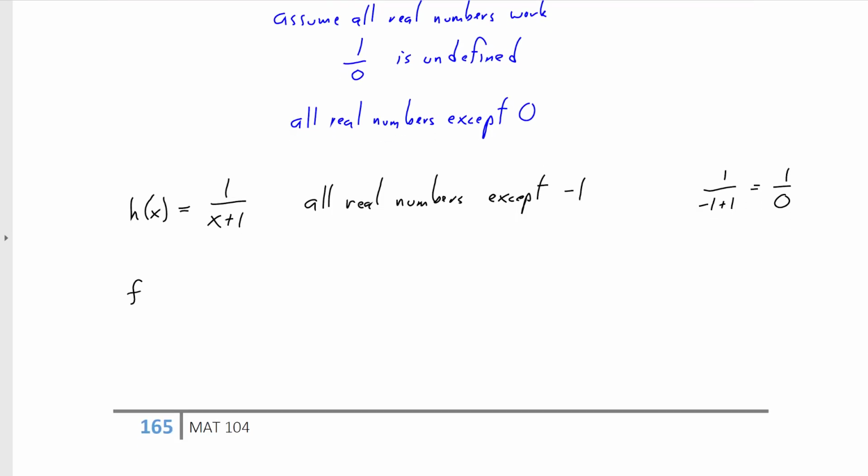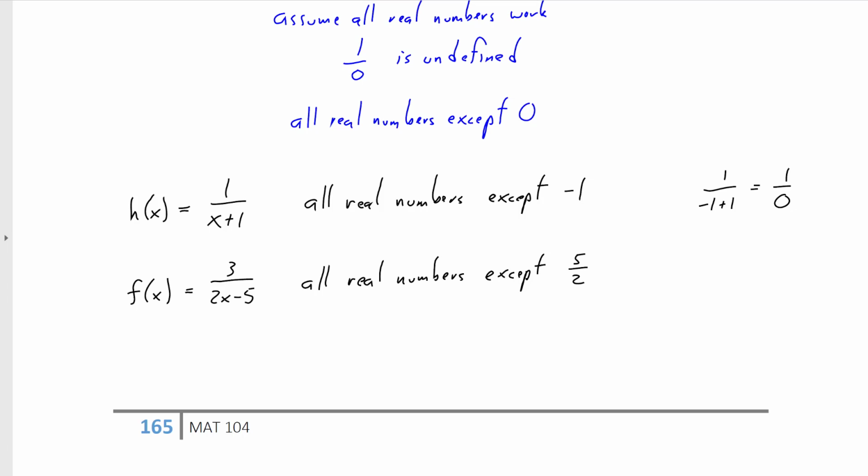Let's say we had something like f of x is equal to 3 divided by 2x minus 5. Our domain here would be all real numbers. That's what we start by assuming, except in this case our except is going to be 5/2.